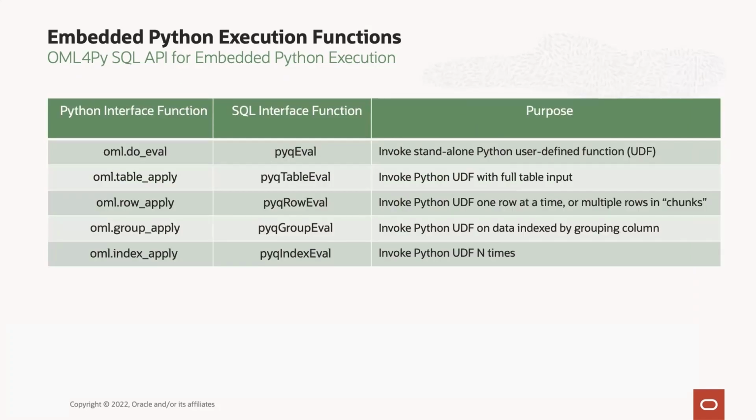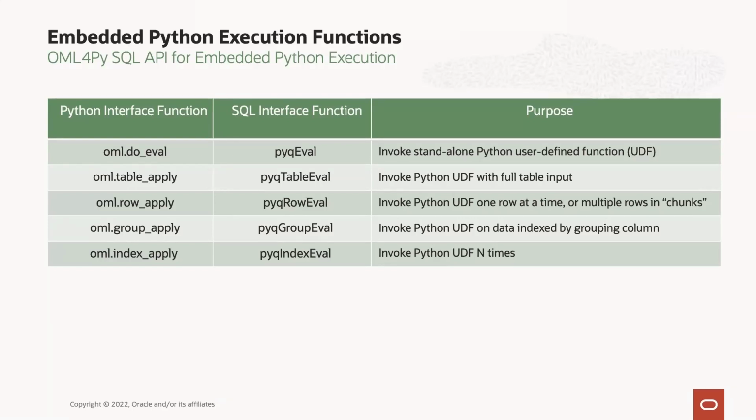Now let's look at the embedded Python execution function supported by the SQL interface. The Python function OML.doEval and its SQL equivalent PyQEval will invoke a standalone Python script with no automatic loading of table data input. However, users can work with data using the transparency layer or load or generate data as needed.